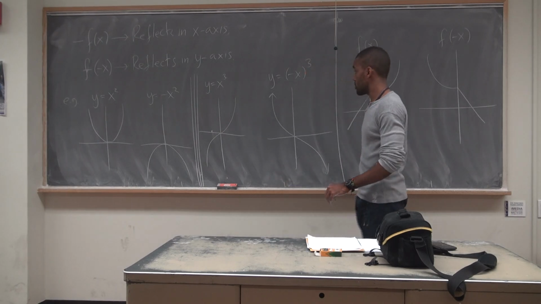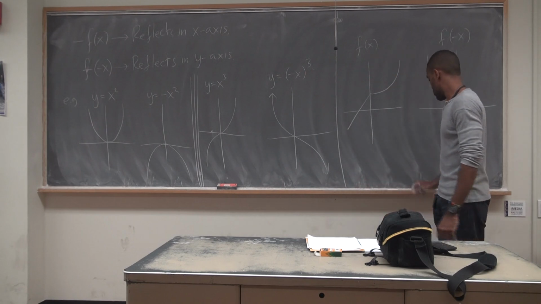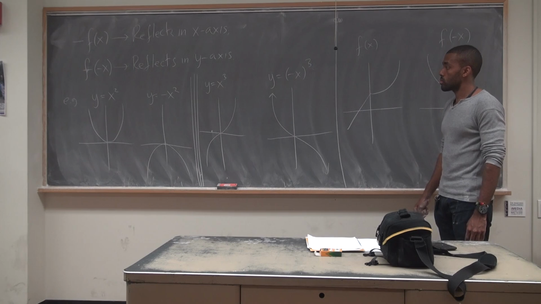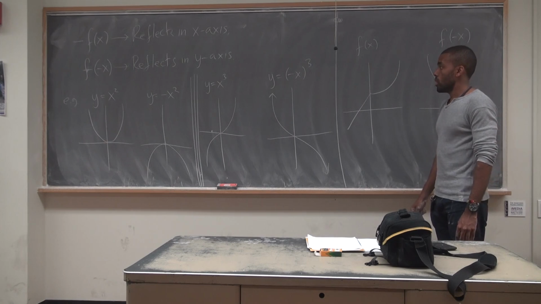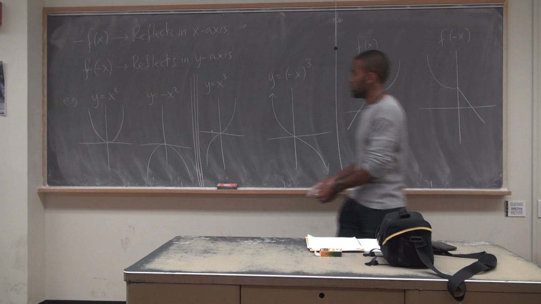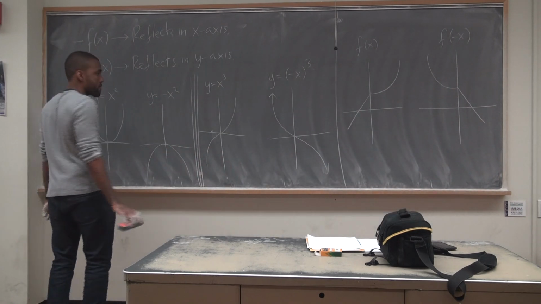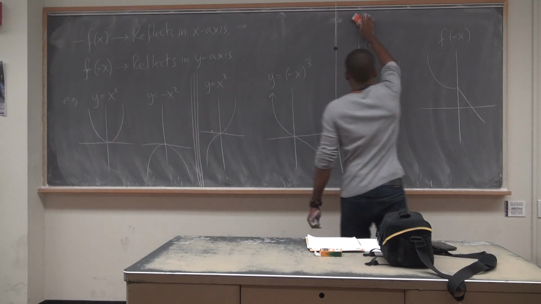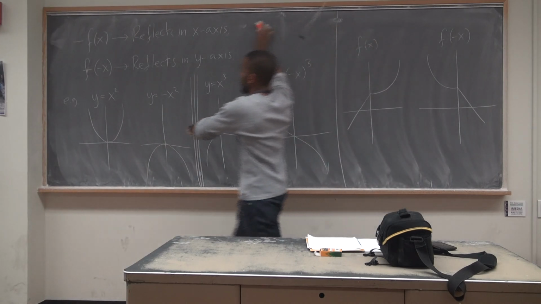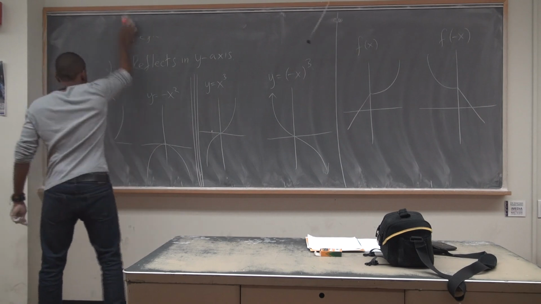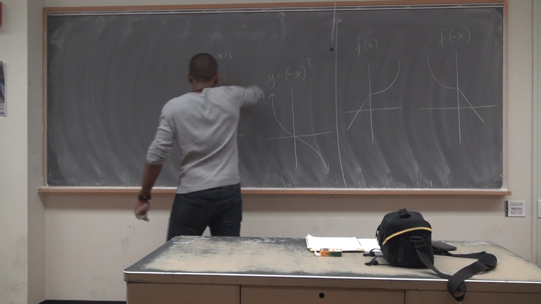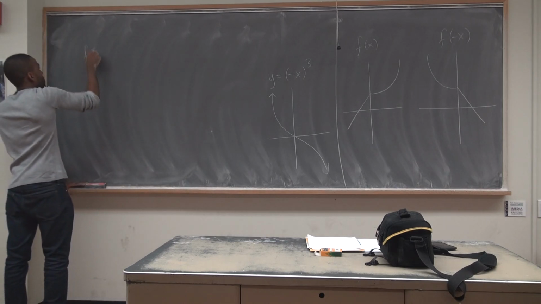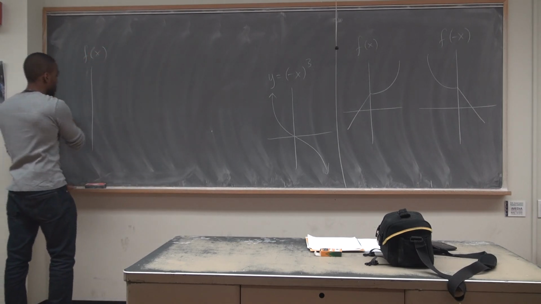What happens when it's f of c times x? Oh, that causes a shrink if your c is bigger than 1. It shrinks horizontally. Let's say here I have f of x and it looks like this.